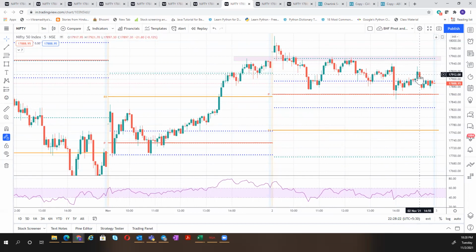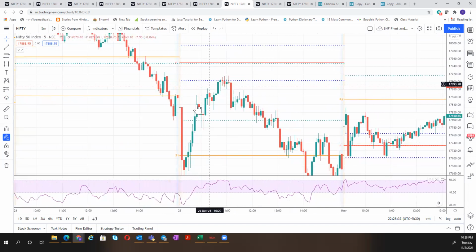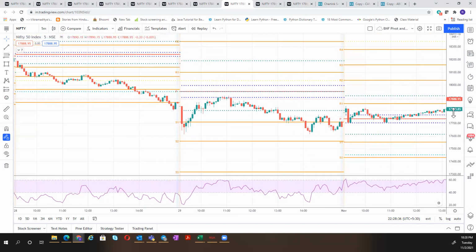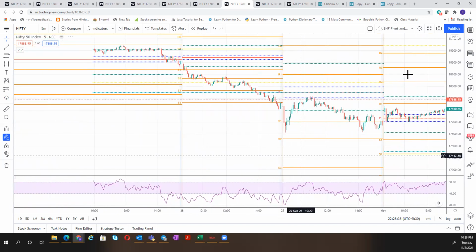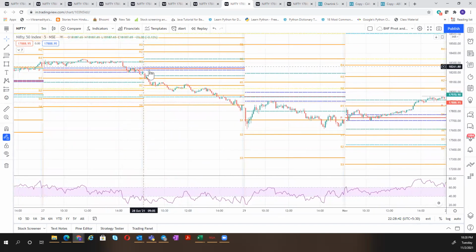I mean, this is the way, it's buy on dips. One of the ways to understand when you have to go for buy on dips, when you have to go for sell on dips. See here, market is in downtrend, right? See here, same CPR, descending CPR.